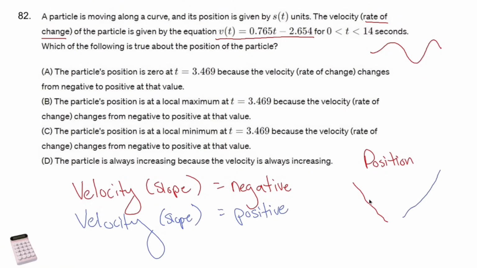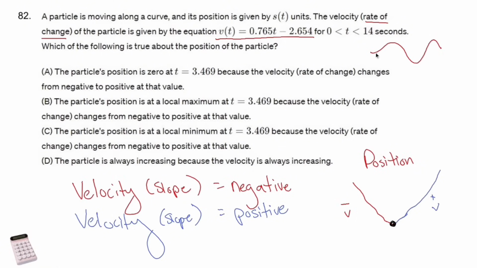One thing is this picture that I kind of drew here. So thing number one is if you have a negative velocity, a negative v, and then all of a sudden it changes to a positive velocity, positive v, you have yourselves a minimum.